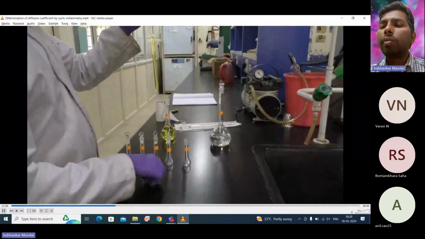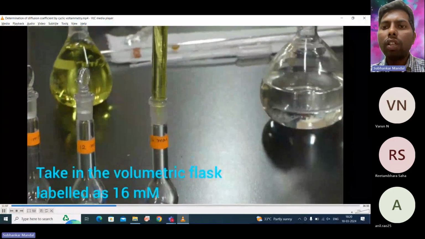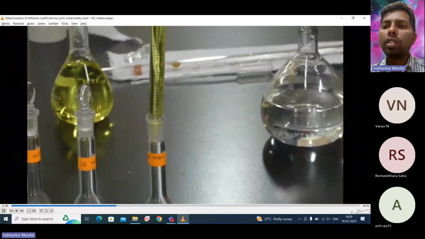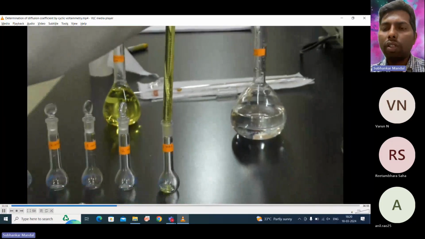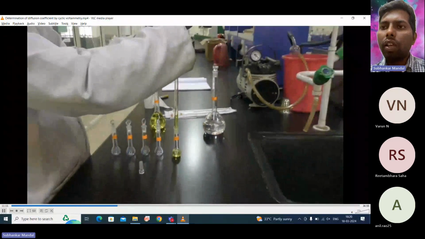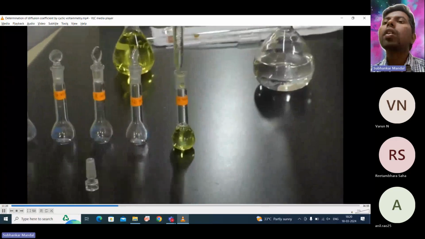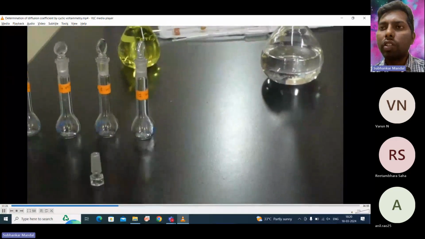So 8 ml solution, and the remaining thing, this 16 millimolar solution we want to make, from there whatever 8 ml we have taken, the remaining 2 ml of supporting electrolyte you can add.